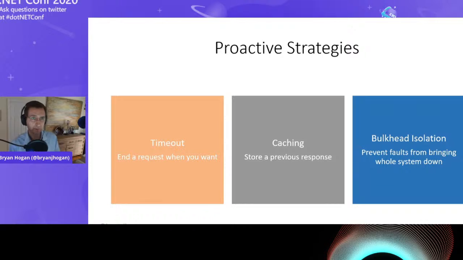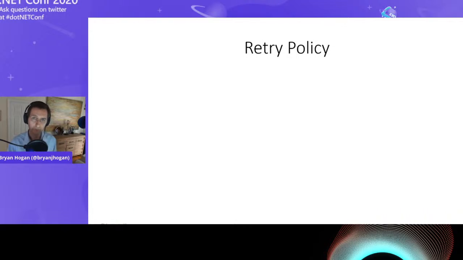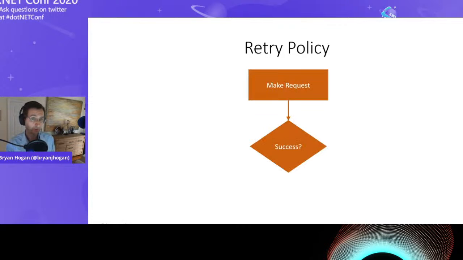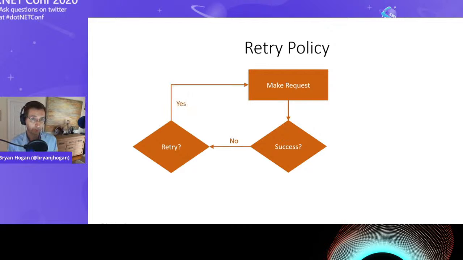To give you an idea of where Polly sits and how it works when it's interacting with a request, I'm going to go through the example of a retry policy. You make a request, Polly checks if it was a success. If it wasn't, Polly checks whether or not it should perform a retry. If it should perform the retry, it will make that request again.